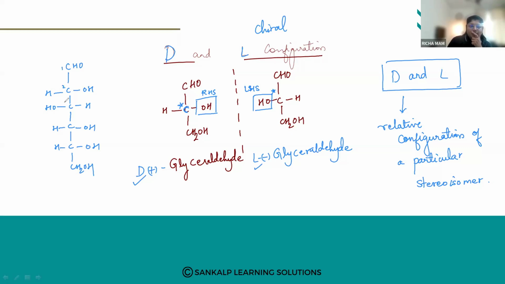One, two, three, four, five, six. Six carbons. Here you can see the OH is on the right hand side. So this is D plus glucose. Okay, so this is the configuration.